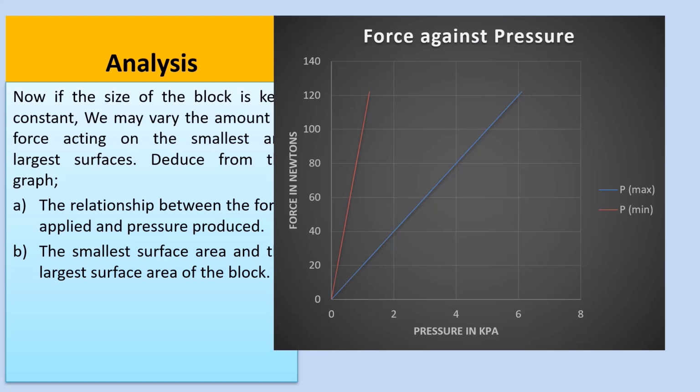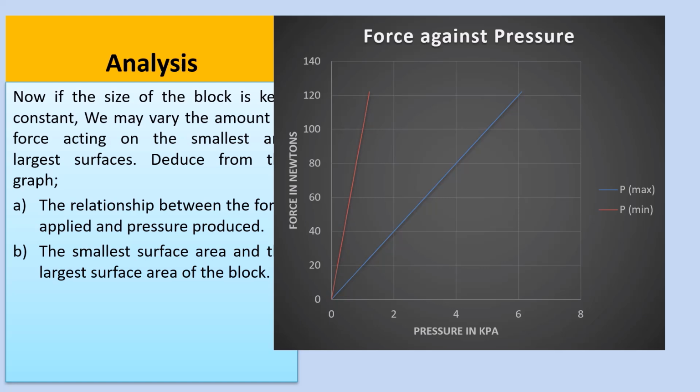So which one will give us the bigger gradient? Because if you write the equation with force as the subject of the formula, you will find that the area is represented by the slope of these two lines.